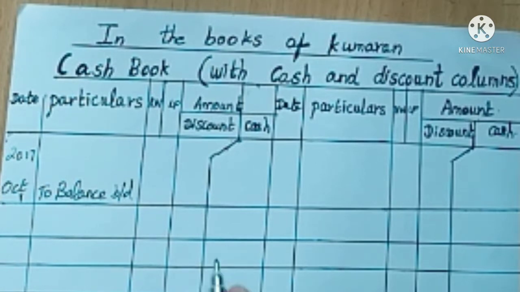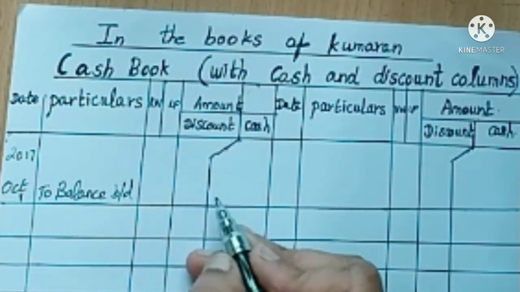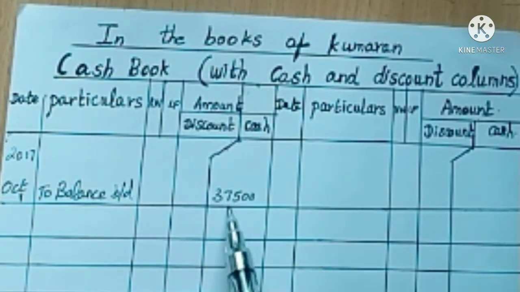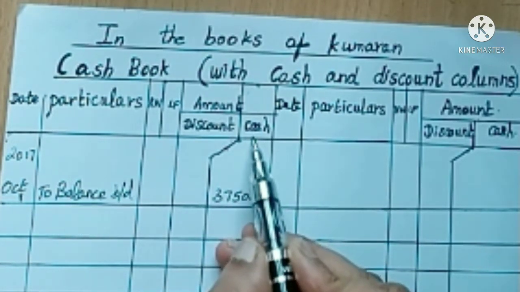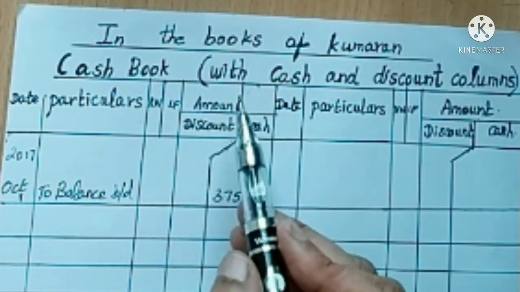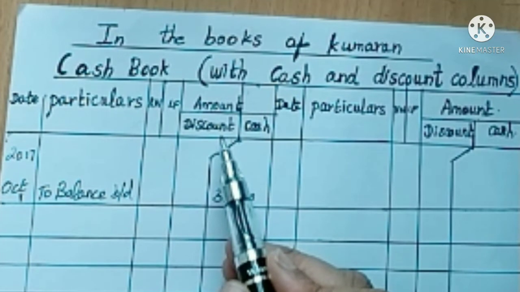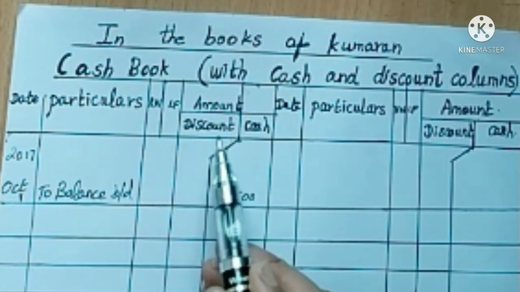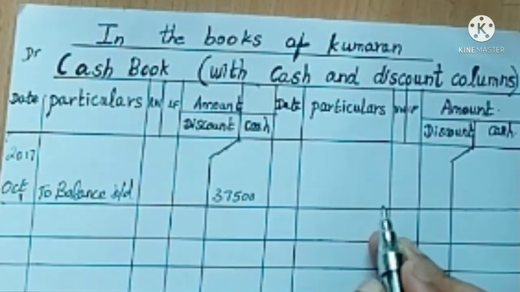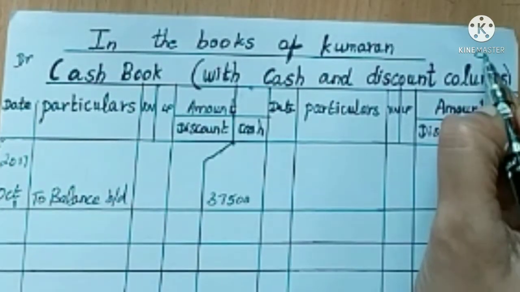Amount is rupees 37,500. So I am writing this amount in the cash column. There is also another column called discount. So a double column cash book is a cash book with cash and discount columns. This is the debit side and this is credit side.